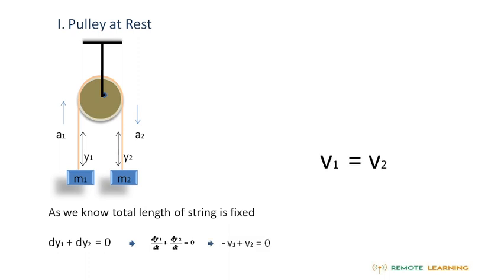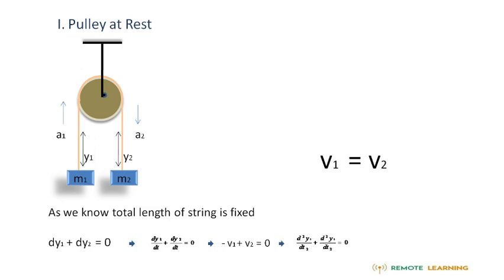So what is the logic of sign? Here, if y1 is decreasing, then we put a negative sign, because the rate is decreasing. And if y2 is increasing, then logically we put a positive sign.